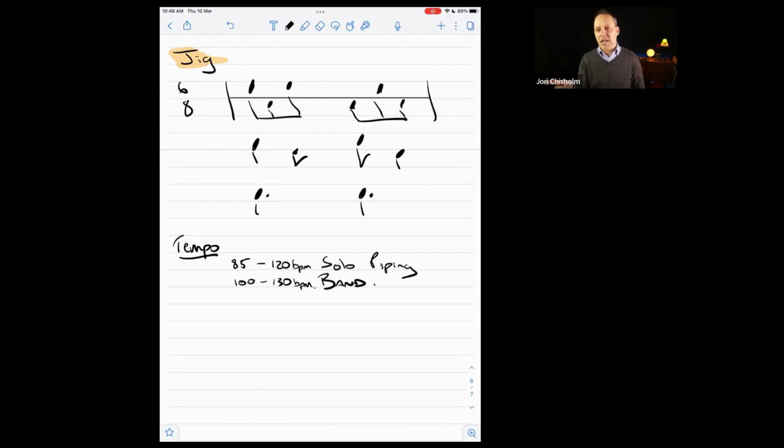And right away you can identify jig, because you're going to hear da da da da da da, 1 2 3 1 2 3, jiggity jiggity. If you hear that, you know you're in jig town. If it's not a jig and you're into hornpipe or reel, it gets a little bit trickier, but you ought to be able to figure out the jig there. So keep it even, keep it smooth, and you're golden.